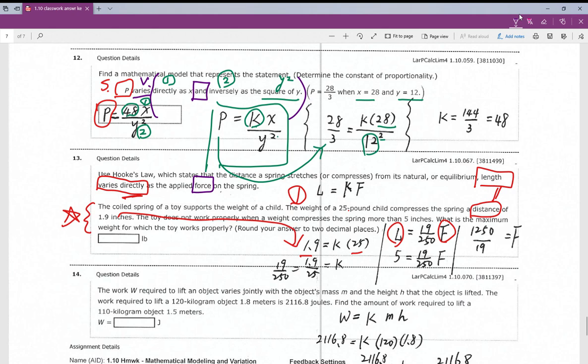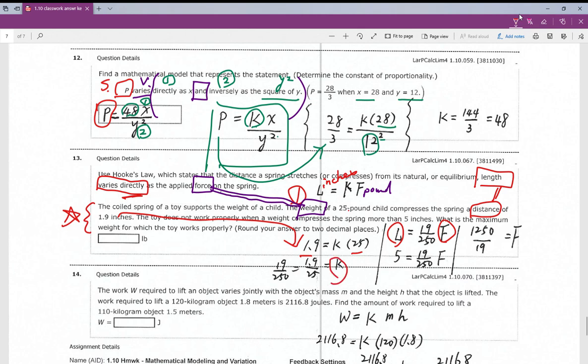A spring means weight. So this is how many pounds. And the length is the distance, or how many inches. So you need to plug in the data to the right position and then solve for k.